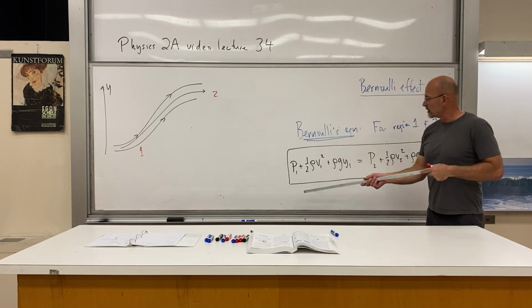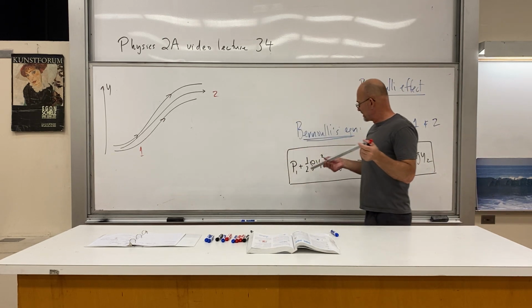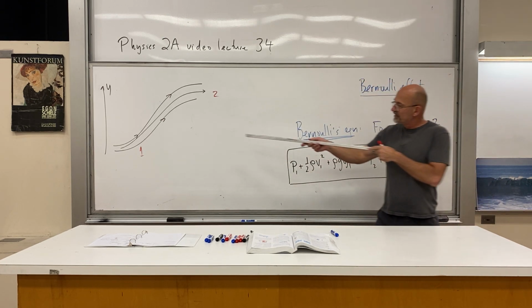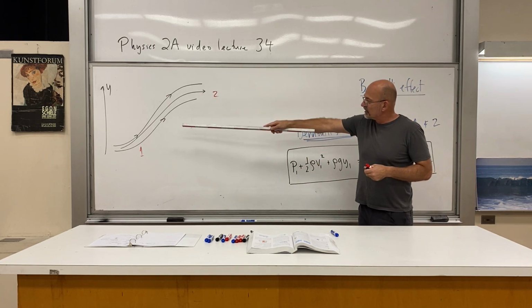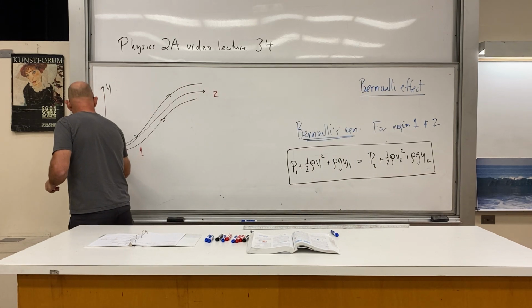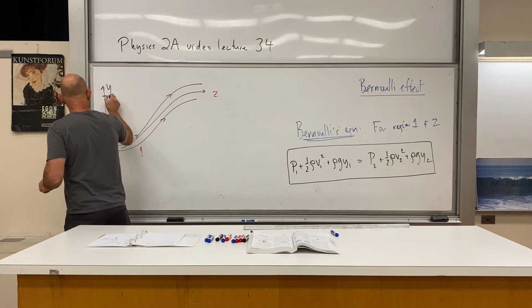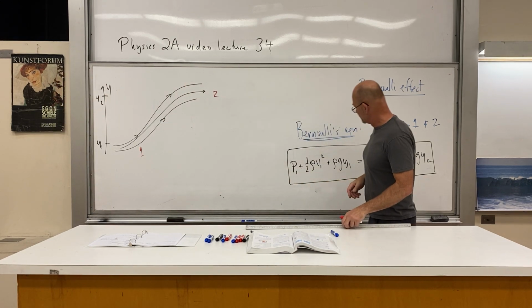So once again, P1, pressure down here, 1/2 rho V1 squared, that's the speed down there, rho g y1, that's the elevation. I could even say we've got a y1 and a y2, okay.